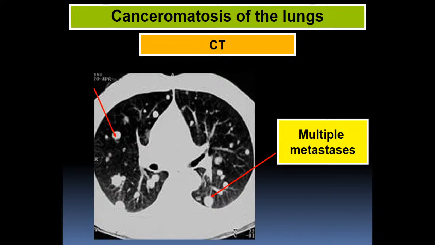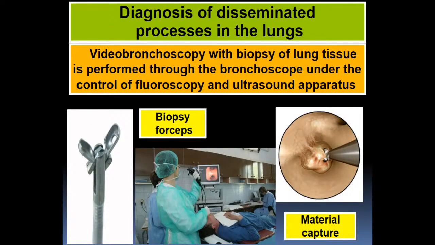For example, we can do ultrasound or CT scan investigation of the abdominal cavity or pelvic organs, and can find the main tumor. It will be confirmation of the diagnosis. Other methods for confirmation of diagnosis: video bronchoscopy or video thoracoscopy with biopsy. More detail about these methods.